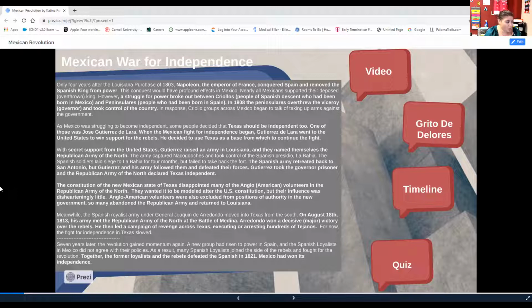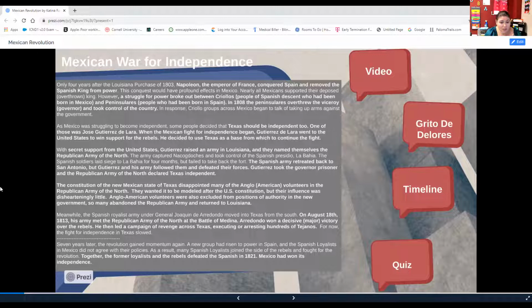However, a struggle for power broke out between Creoles, the people of Spanish descent who had been born in Mexico, and Peneculares, people who had been born in Spain. In 1808, the Peneculares overthrew the viceroy and took control of the country. In response, Creole groups across Mexico began to talk of taking up arms against the government.